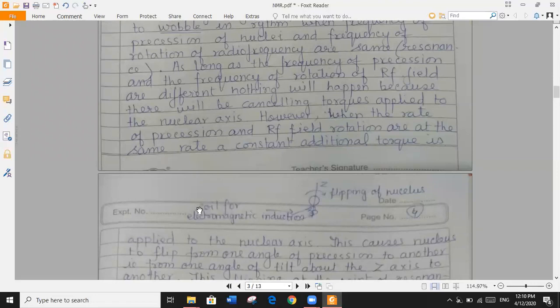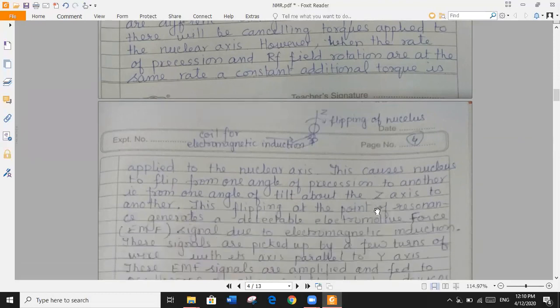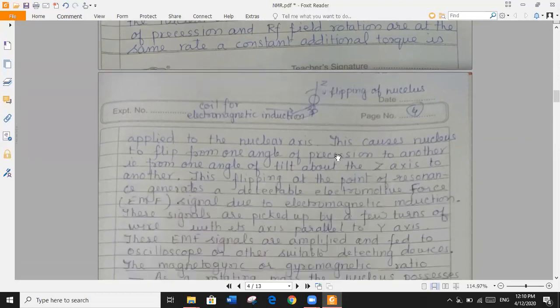कॉइल फॉर इलेक्ट्रोमैग्नेटिक इंडक्शन, ये इंडक्शन के लिए कॉइल है और ये फ्लिपिंग हो रही है न्यूक्लियस की, जो अभी बताया कि जब आरएफ रेडियो फ्रीक्वेंसी अप्लाई की जाएगी तो वो फर्दर उसको फ्लिप करेगी, रेजोनेट करेगा न्यूक्लियस उस फ्रीक्वेंसी की वजह से. So this causes nucleus to flip from one angle of precession to another, that is from one angle of tilt about the z axis to another.